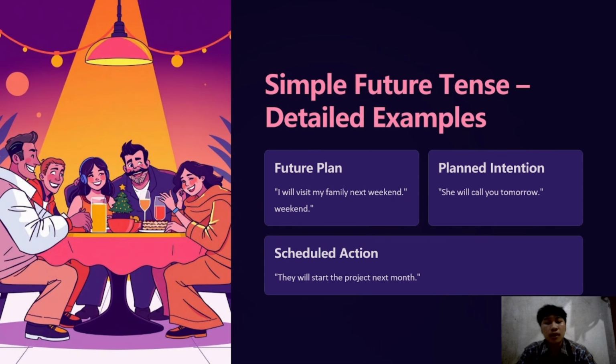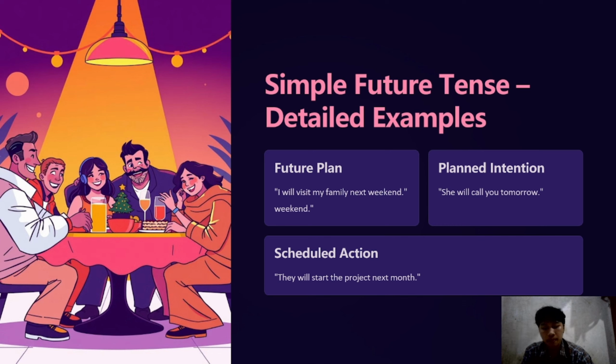Okay, here are some examples of the simple future tense in action. I will visit my family next weekend. This expresses a future plan, something I have decided to do. And next, she will call you tomorrow is an example of a planned action, something she'd like to do.